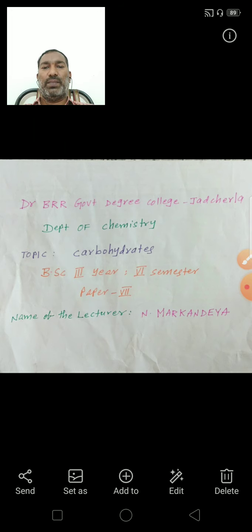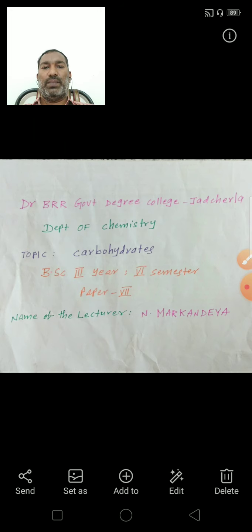It indicates the presence of an aldehyde group at one end of the glucose molecule and a primary alcohol CH2OH group at the other end.